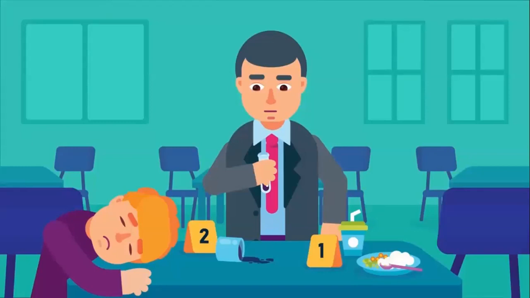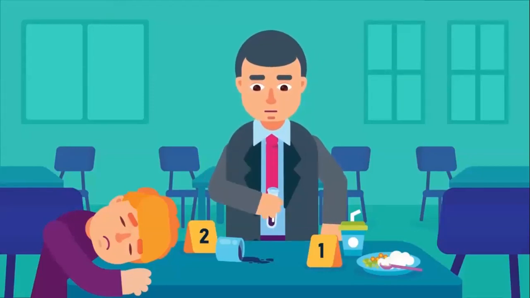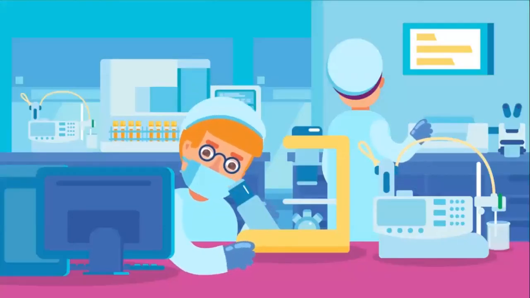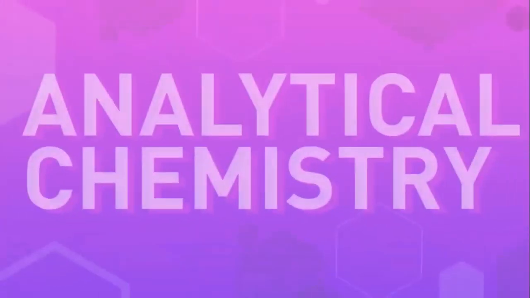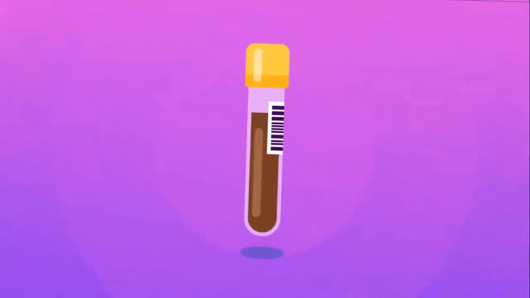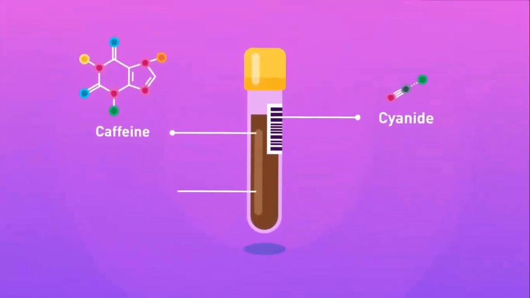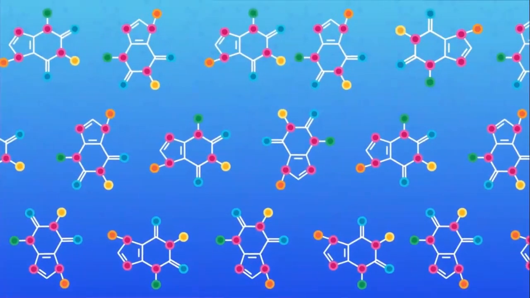These detectives collect the unidentified samples, go to the lab, test, and find out what is there in that particular matter. So analytical chemistry is the study of the constituents or the chemical particles present inside a substance.